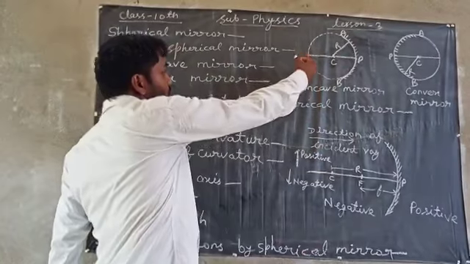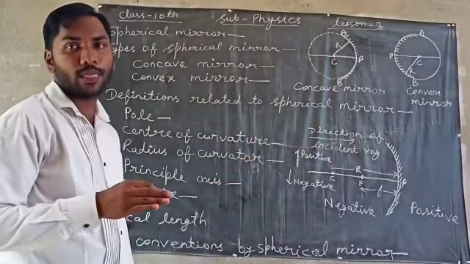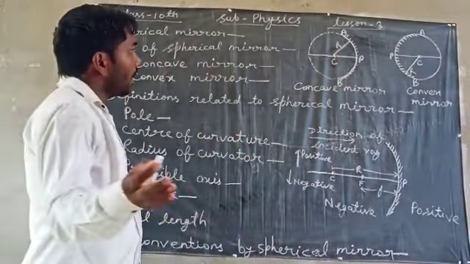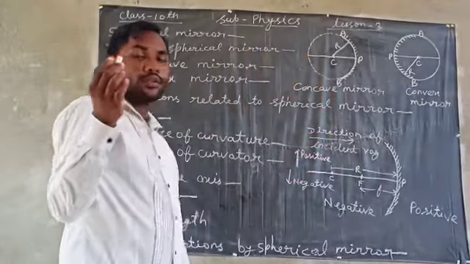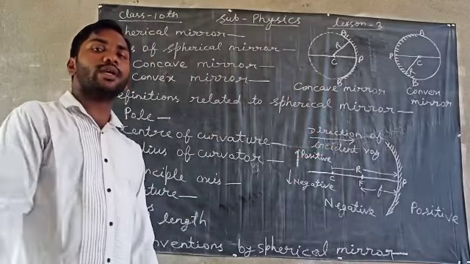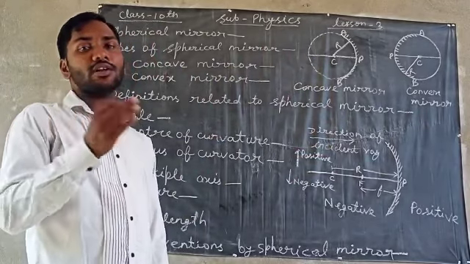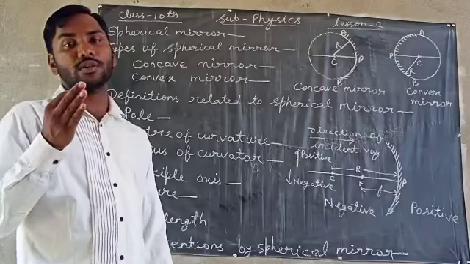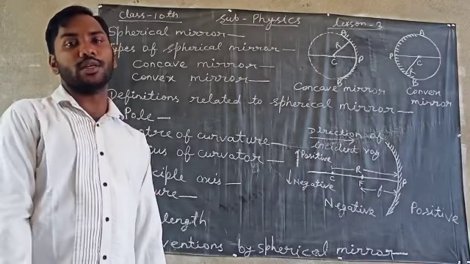This is called a concave mirror, and it makes a real or virtual image, based on the distance of the object from the mirror.